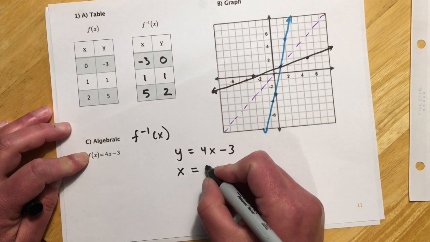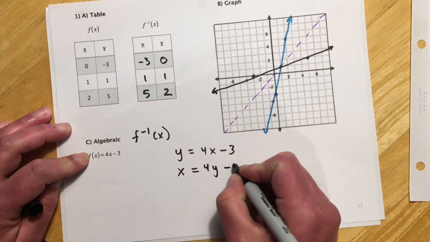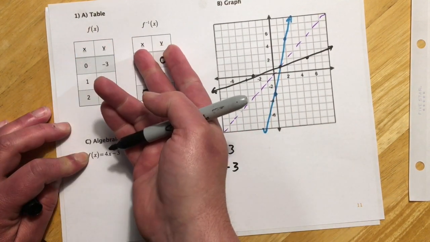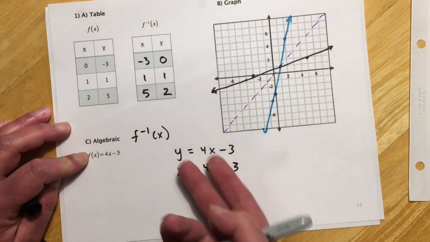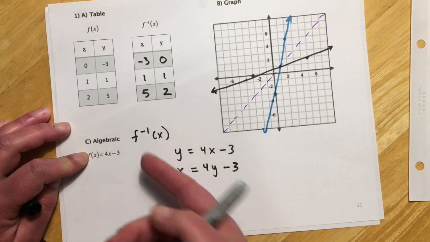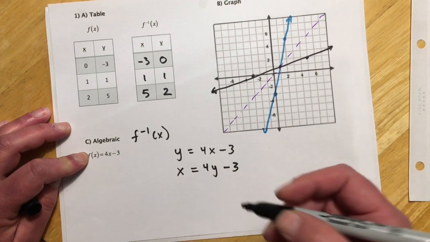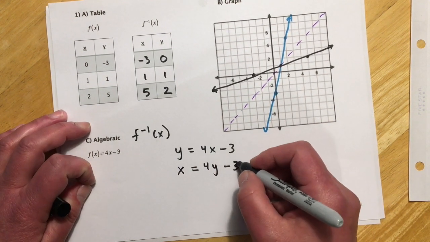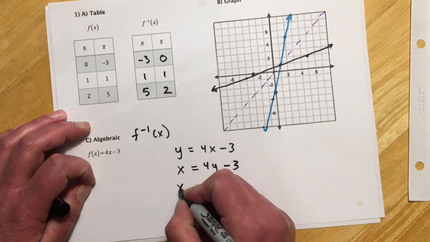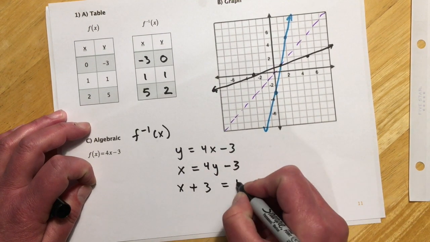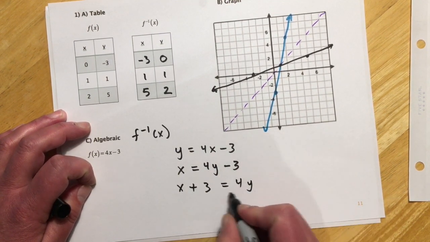The points are swapped. So since the x's and y's swap in the table, the x's and y's for the inverse have to be swapped in the equation. But now this isn't a function of x anymore, so that's that third step where we solve for y. So I'll bring the 3 over, and then I'll divide out the 4.